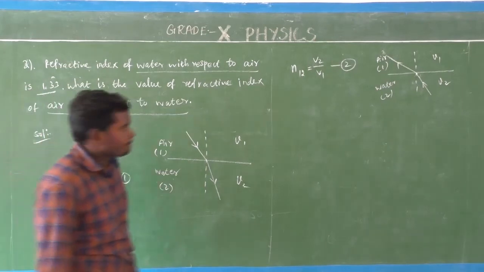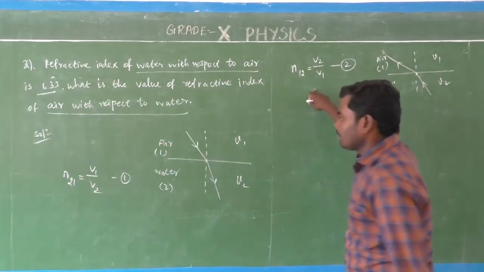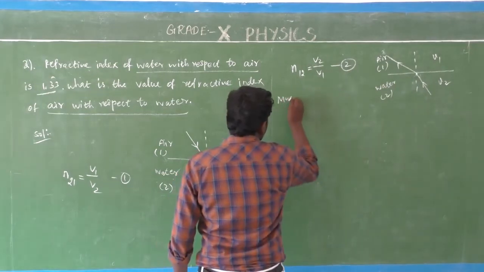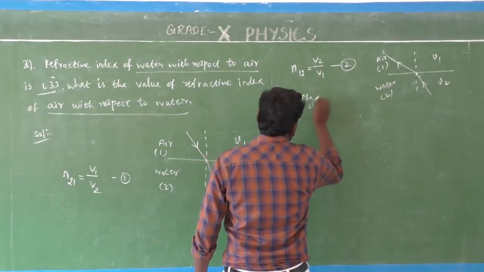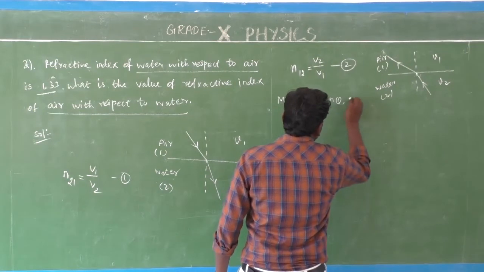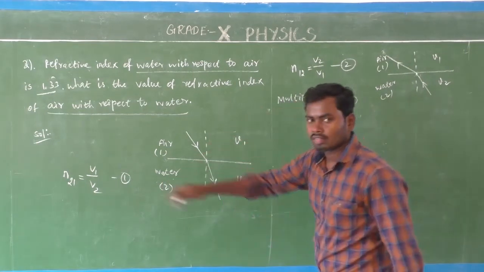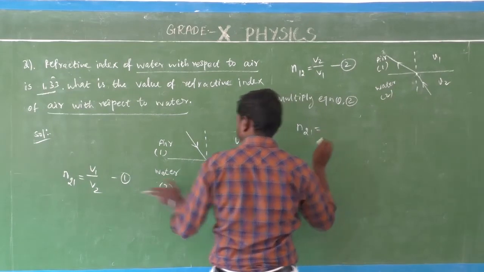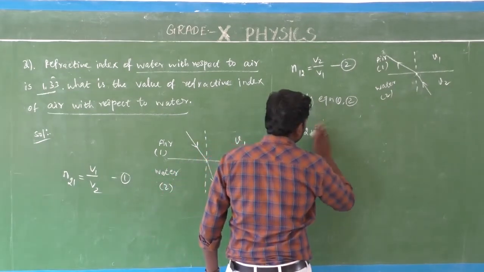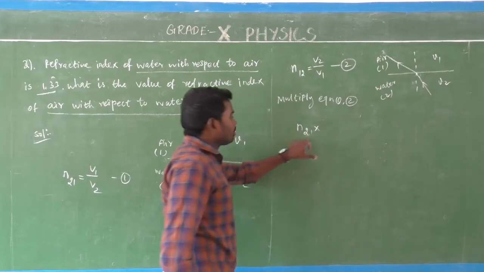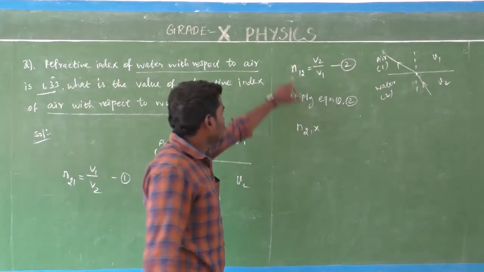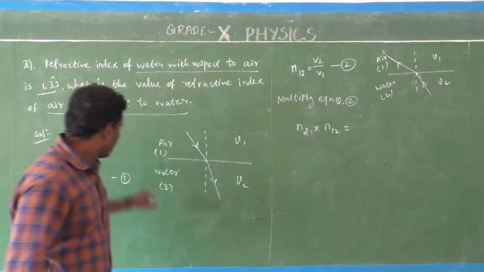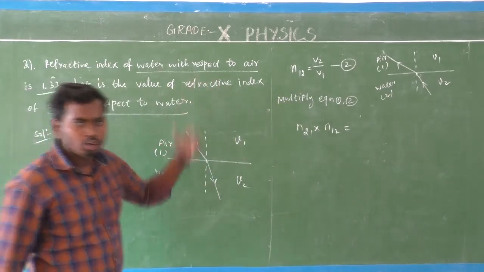Very simple. Now we multiply equation 1 and 2. Equation 1 is the refractive index of medium 2 with respect to medium 1, equal to v1 divided by v2. So n21 into n12 is equal to v1 divided by v2 into v2 divided by v1.